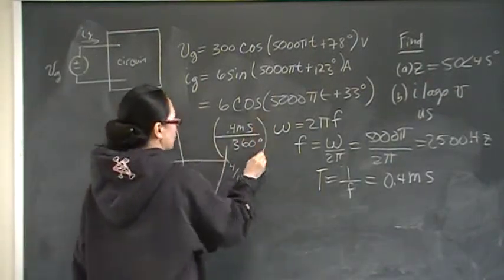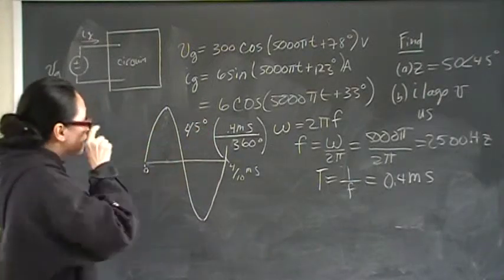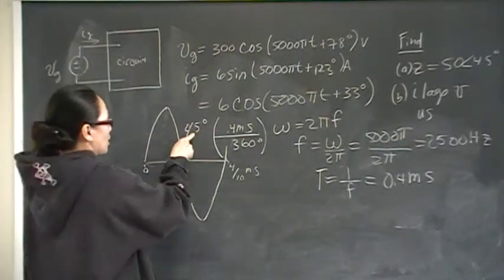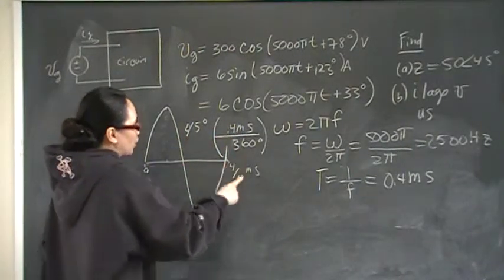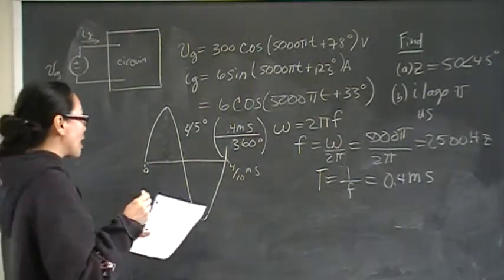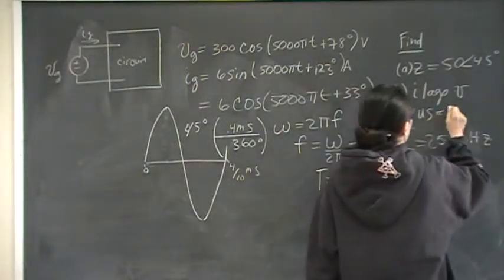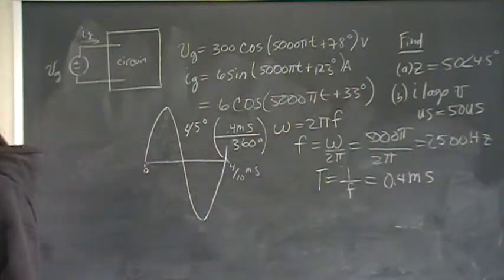So we multiply by 45 degrees to find the difference between the voltage and the current. When you do 45 times 0.4 milliseconds per 360 degrees, that will give you 50 microseconds. So the answer to part B is 50 microseconds, and that's the answer to this problem.